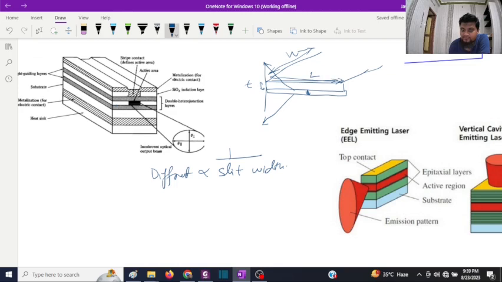So you will have an elliptical output. In this region it will not be much wider, but in this region it will be quite wider. So that is exactly what it was meant to show.